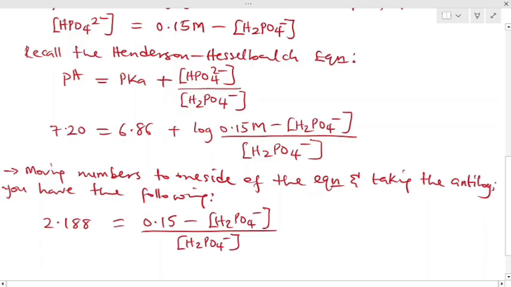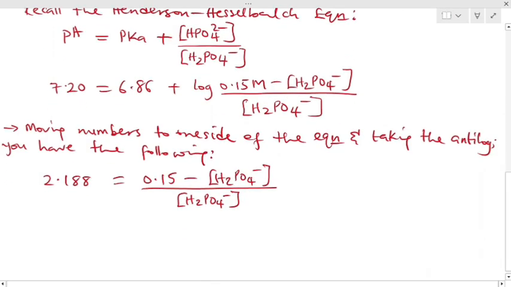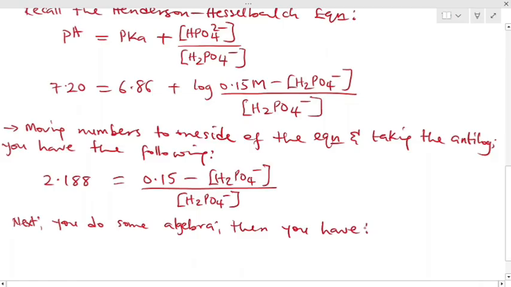So the next thing you do at this point is some algebra, and then you have your H2PO4 minus equal to 0.047 molar.